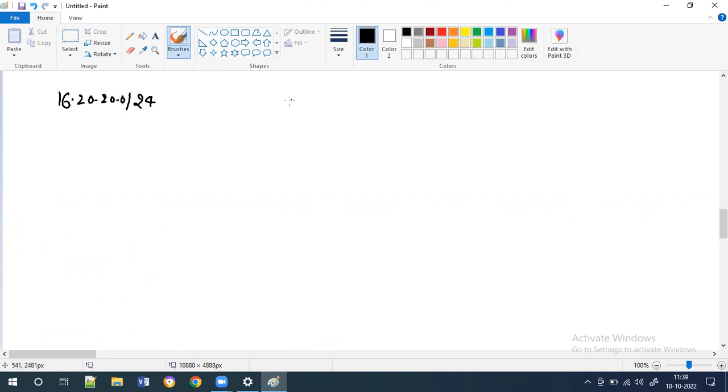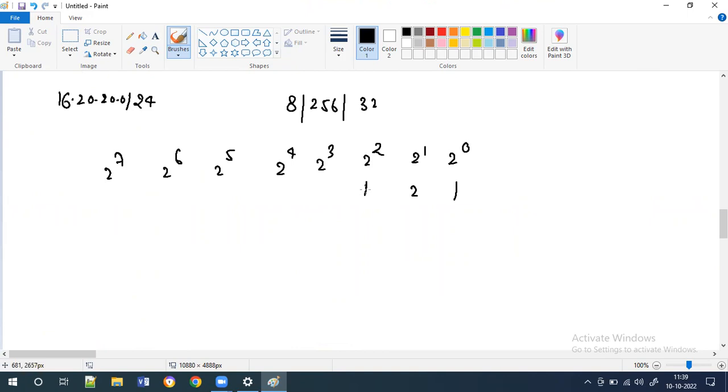Now, when I divide 256 by 8, we get 32. Now, to achieve this 32, what do we need to do? If you remember, 2 to the power 0, 2 to the power 1, 2 to the power 2, 2 to the power 3, 2 to the power 4, 2 to the power 5, 2 to the power 6, 2 to the power 7. This is 1, 2, 4, 8, 16, 32, 64, 128. Where am I getting 32?